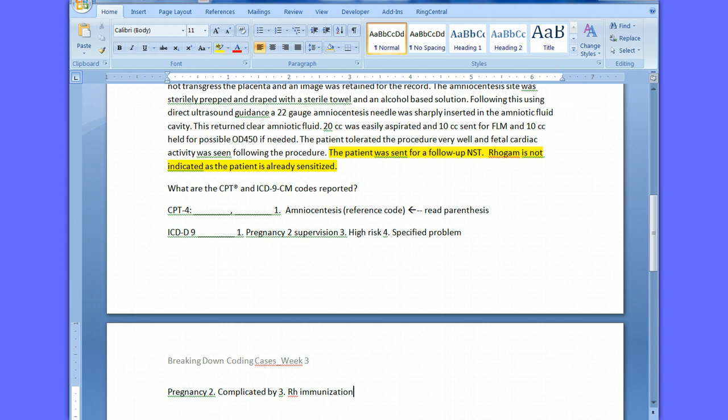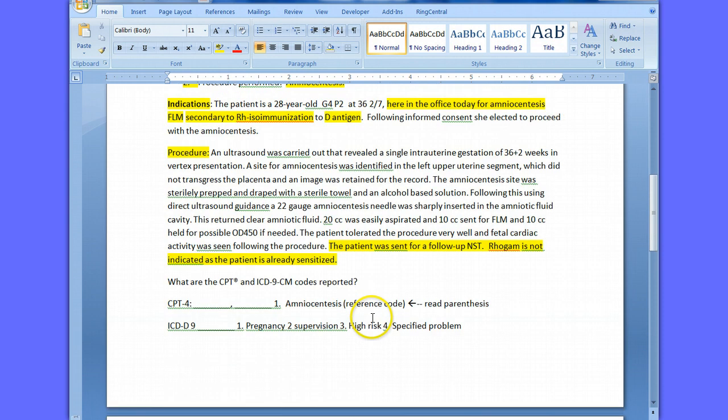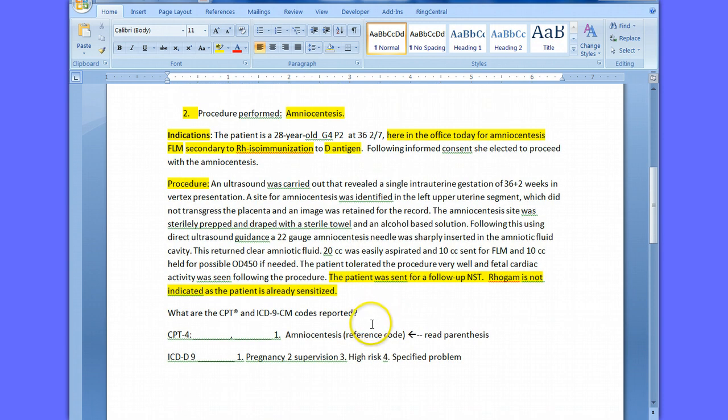And that's it. So she's RH immune, or has immunization issues during her pregnancy. So her pregnancy has been complicated, or complicated pregnancy. And that should give you all of your codes for this procedure and diagnosis for this case or a similar case.